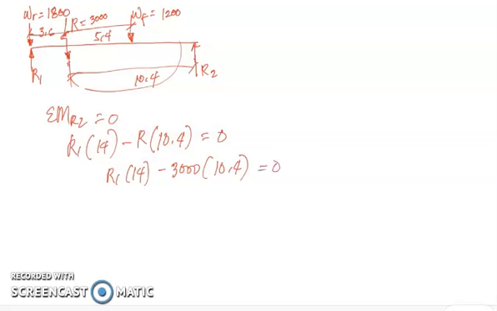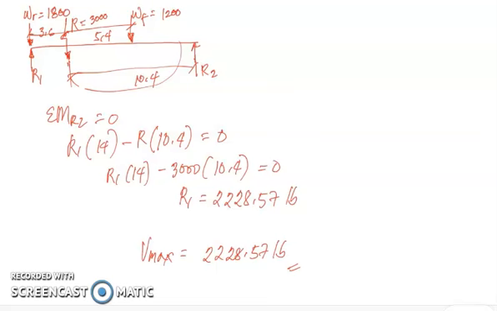So therefore, R1 here is equivalent to 2,228.57 pounds. So therefore, our maximum shear is equivalent to 2,228.57 pounds. So we have now our specific values for our maximum moment and maximum shear for this given problem.